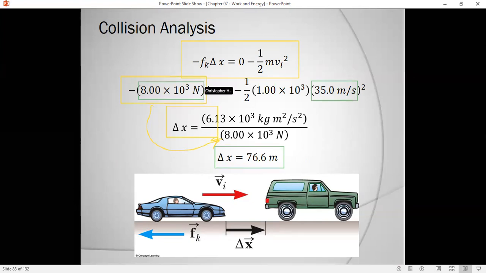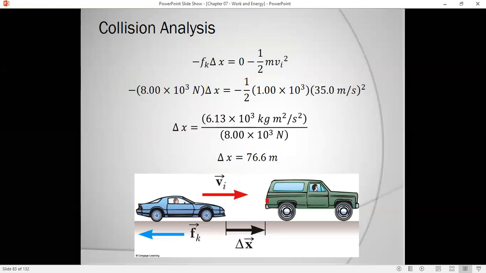Using a force of 8,000 newtons, it will take me almost an entire football field, almost an entire soccer field. Okay, soccer is football. Almost an entire football field to stop. At 35 meters per second, you're going about 75 miles per hour. This is why it's so dangerous to travel at such a high rate of speed. You really don't have very much room to stop.